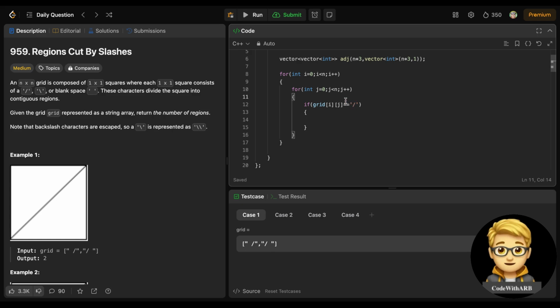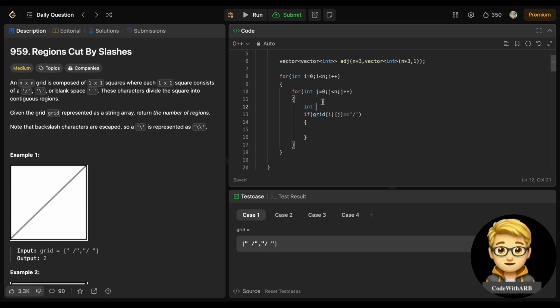Now we have magnified each cell to 3 cells, so I need to multiply by 3 to mark it as 3 cells. So this is the starting point for each position from where we need to start.